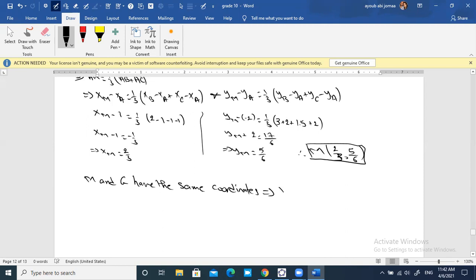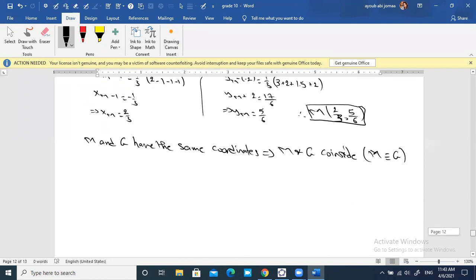Therefore, M and G coincide, or M is confounded with G.